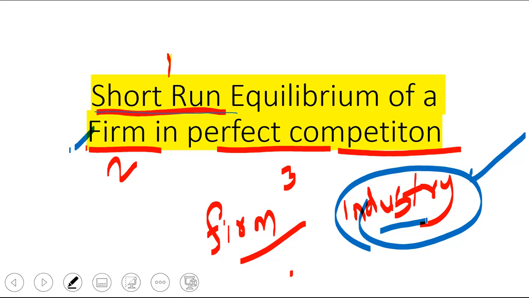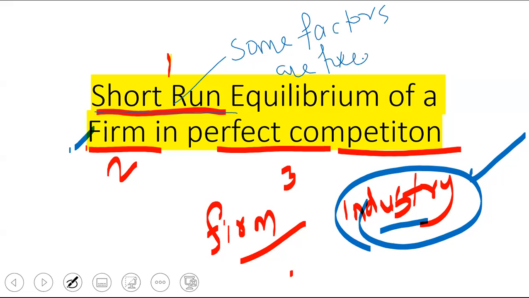Short run equilibrium of a firm in perfect competition. Now the question is, first you underline what you mean by short run. Once I told you, I am repeating. Please take down that short run is the period where some factors are fixed and others are variable.